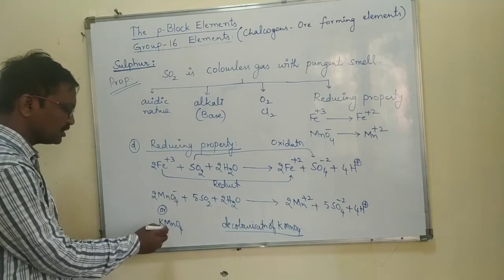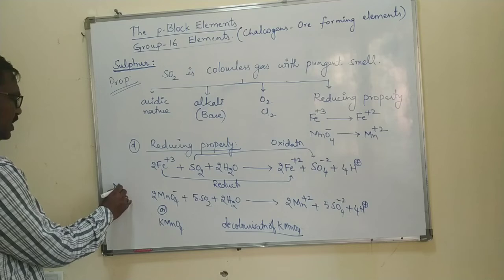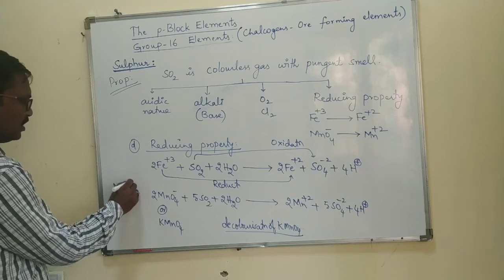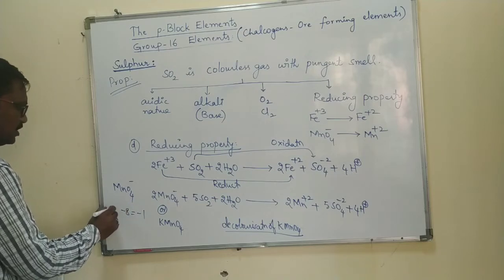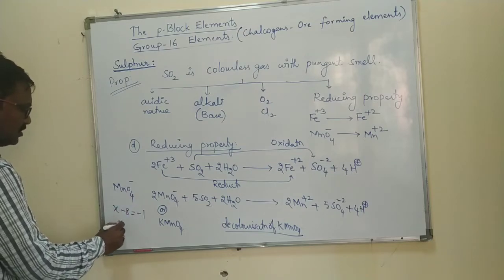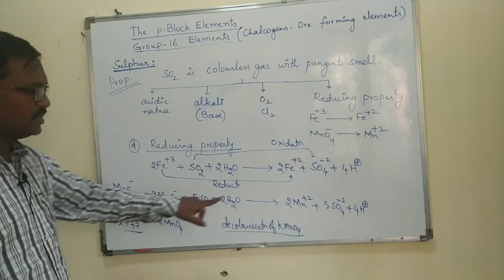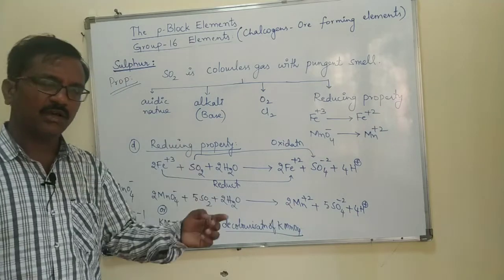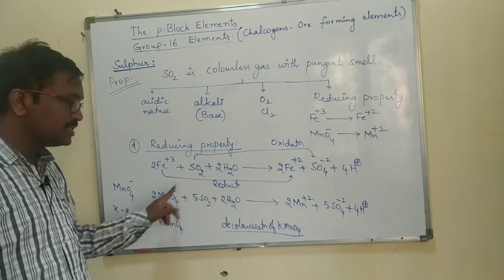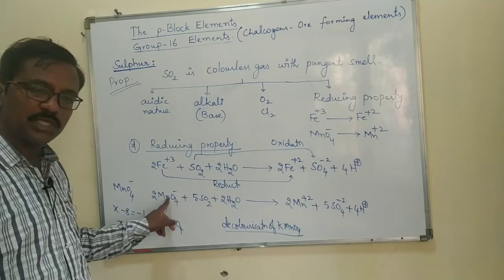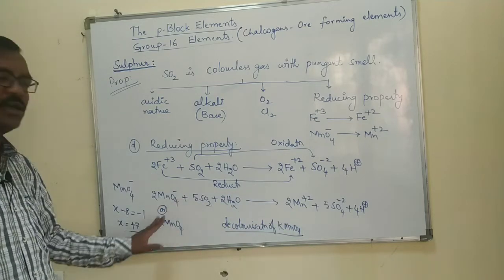What is the oxidation state in MnO4 minus? Minus 1, oxygen is minus 8, so X is equal to 7. Manganese oxidation state plus 7 is converted into plus 2. Decreasing the oxidation state is a reduction process. So sulfur dioxide is acting as a reducing agent.